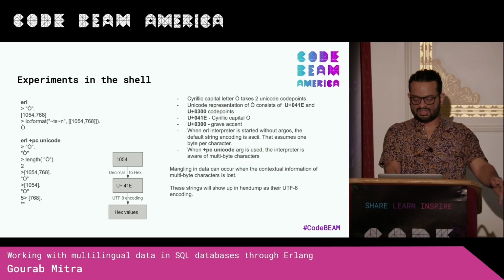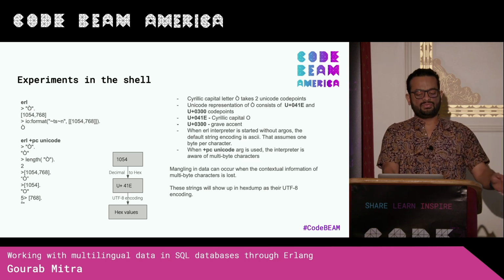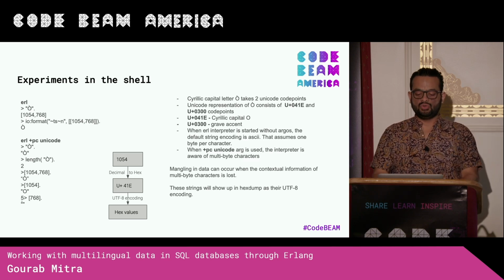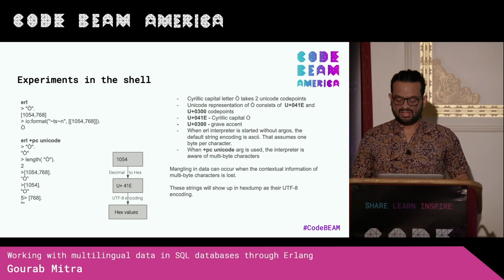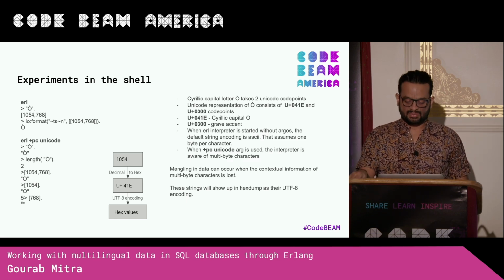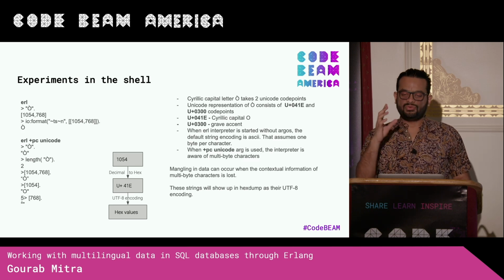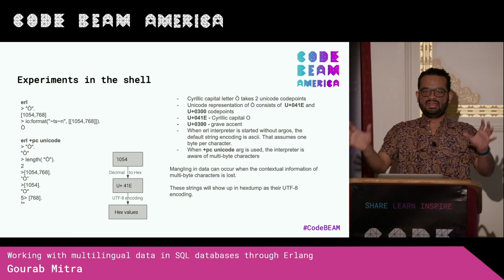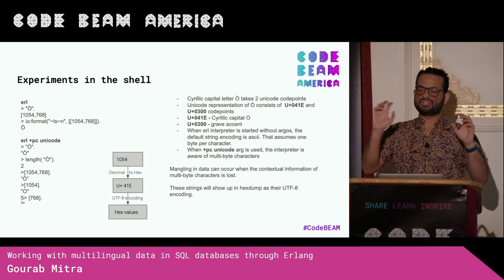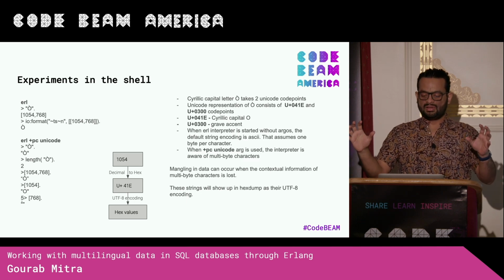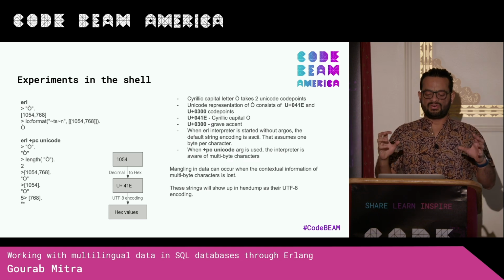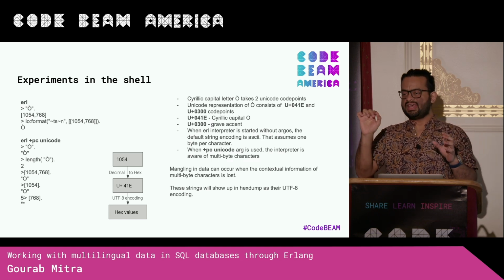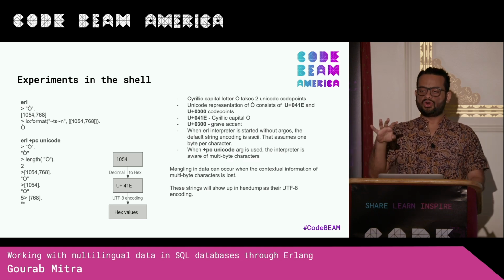What do they represent? The 1054 that you see here is a Unicode code point. The 1054 is a decimal number. If you look at the Unicode standard, you would see it's a mapping of symbols to code points. But the code points are often referred to as U+XYZA, four hex digits.